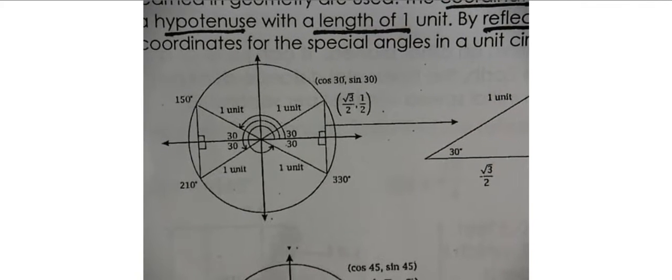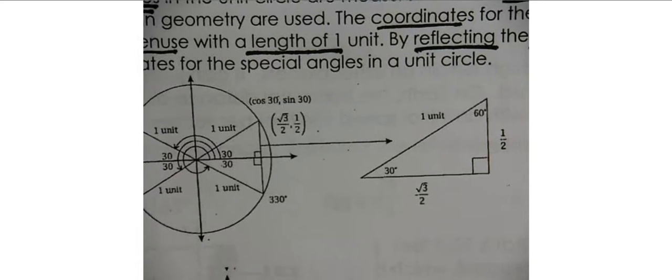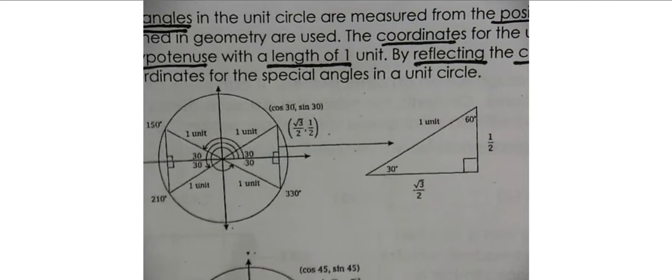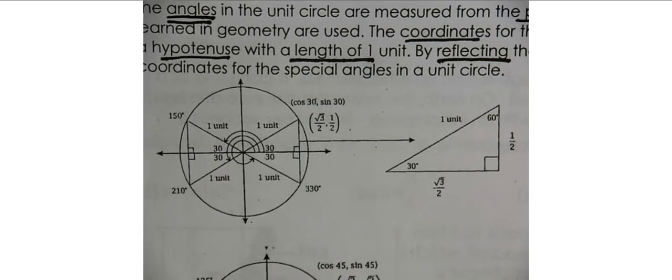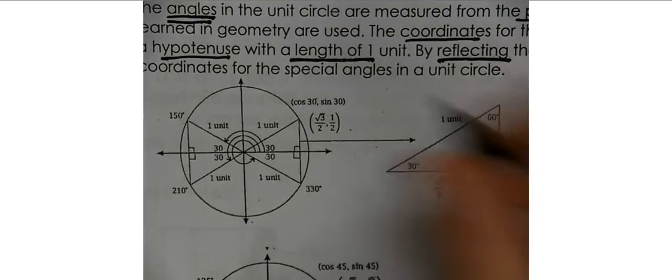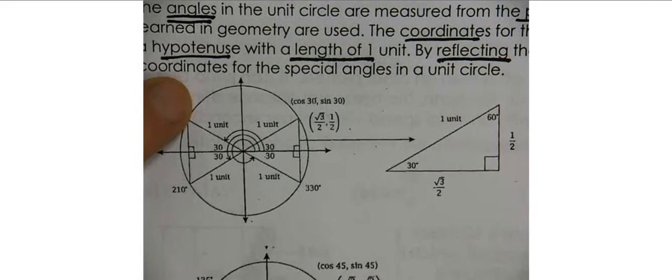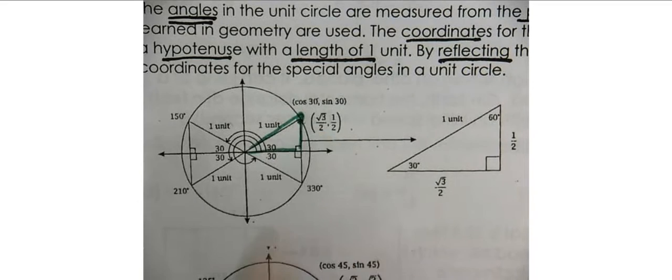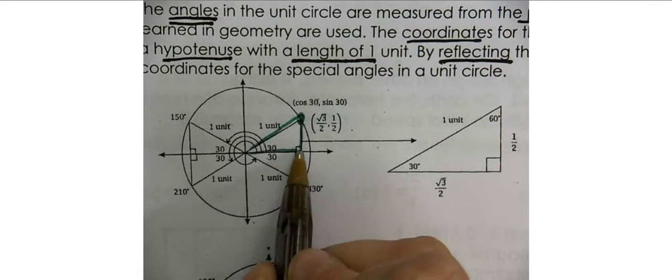So what I want to do is look at the first set right here. What we have here is a 30, 60, 90 triangle. So I'm just looking at this first picture. If I were to plot this triangle on here and identify this ordered pair, this ordered pair comes from going over a little bit and up a little bit.